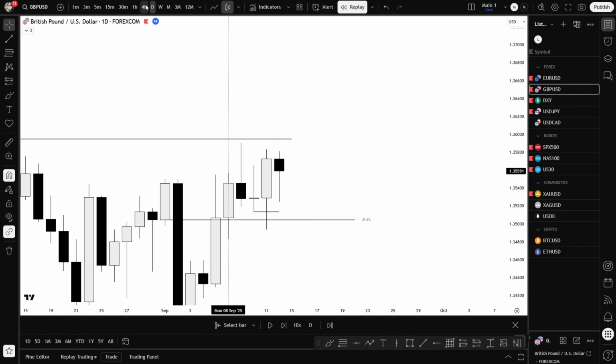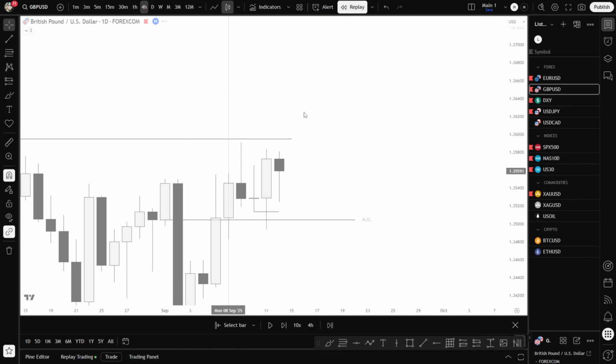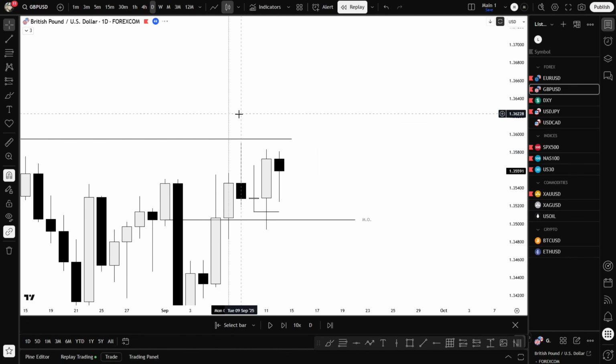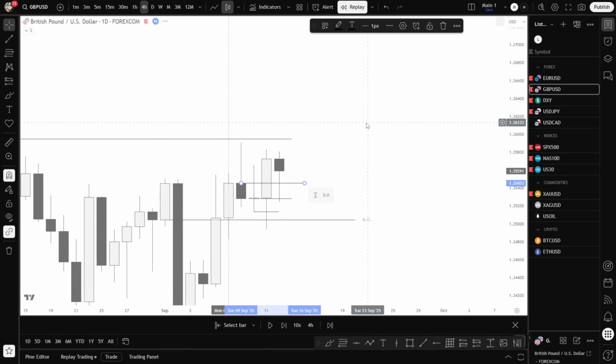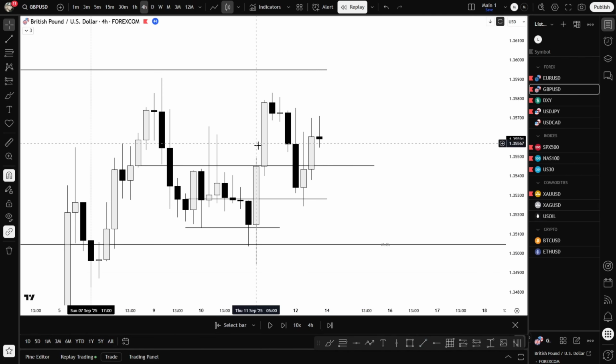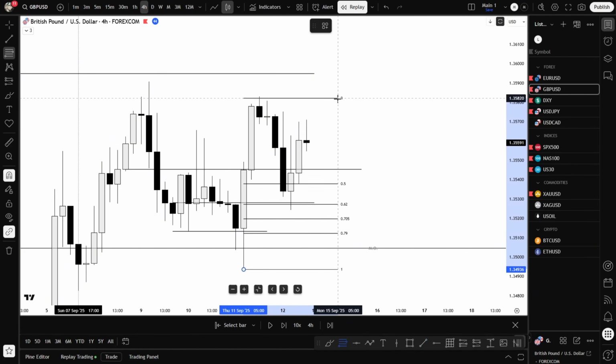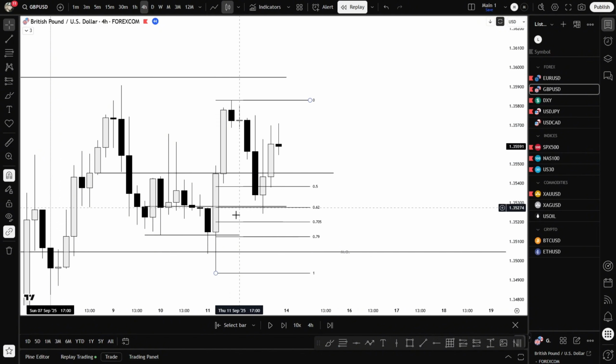So if you go to the H4, let's start with the daily, because we need to draw the key levels. So we have the RB, and we have the opening price per hour, right? And of course we have a range here, and we have the OTE, right? Now we have an expansion.